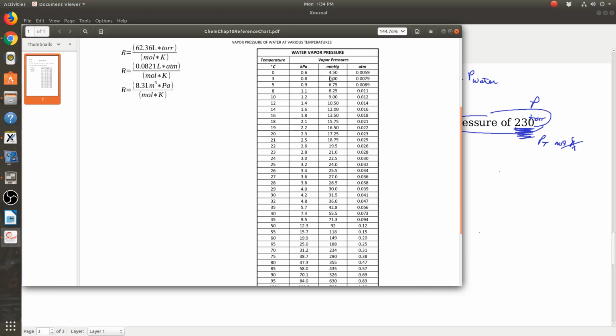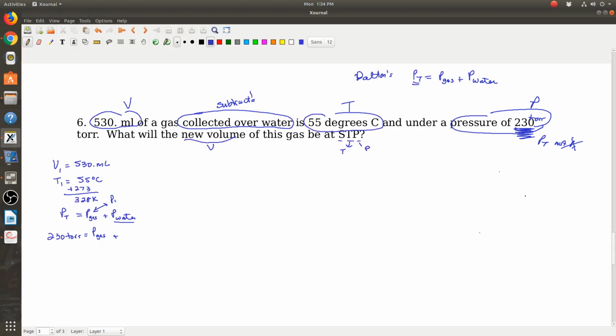I'm going to convert 118 millimeters of mercury, and really this one is just 760 torr is 760 millimeters of mercury, so you see everything cancels. It's an easy one. It's just basically changing the unit. So this is 118 torr.